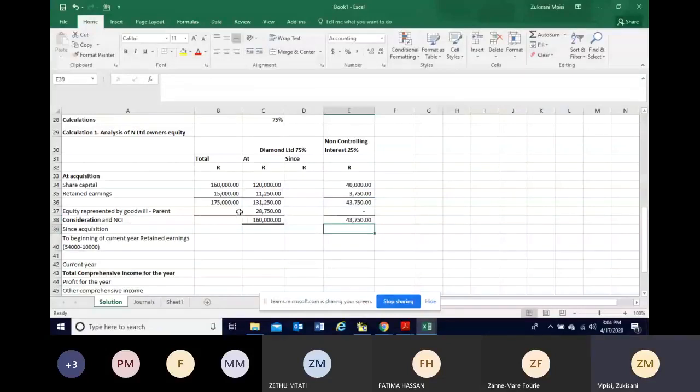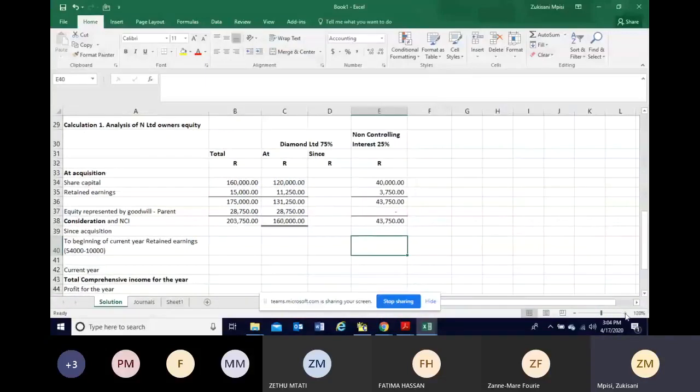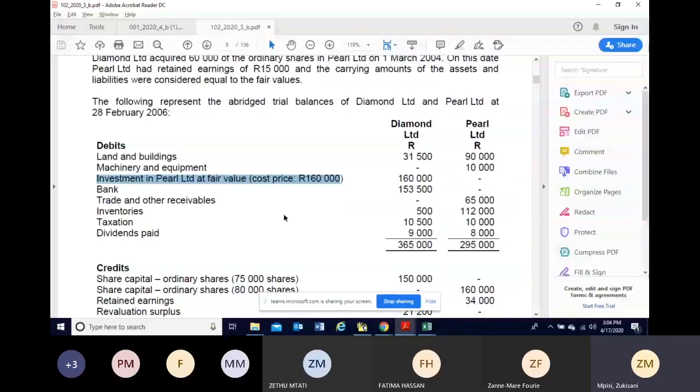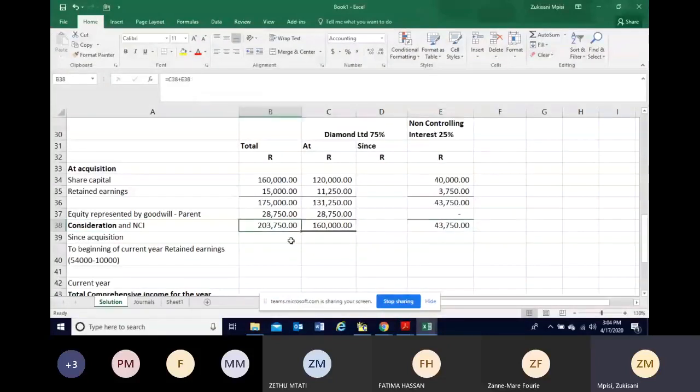The 28,750 would be here, and then we've got 160,000 plus 43,750, which is this amount made up of the consideration, where you are told that the investment cost price was 160,000, and then the non-controlling interest, 203,750.